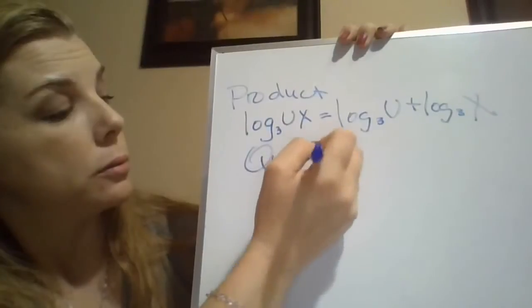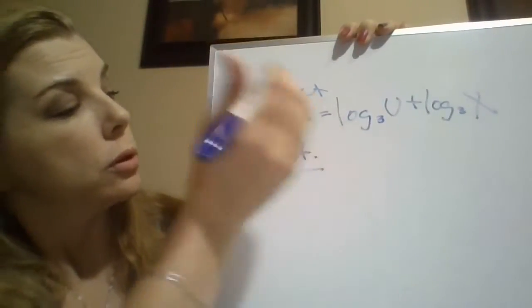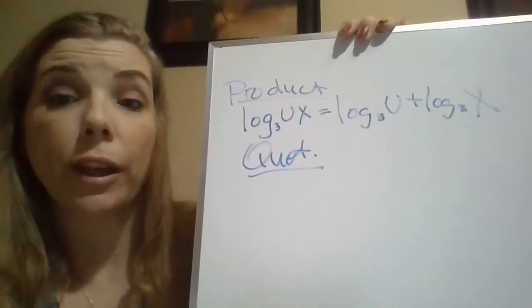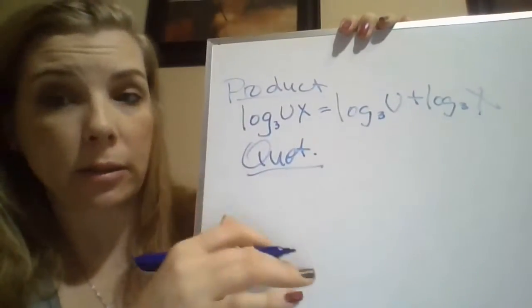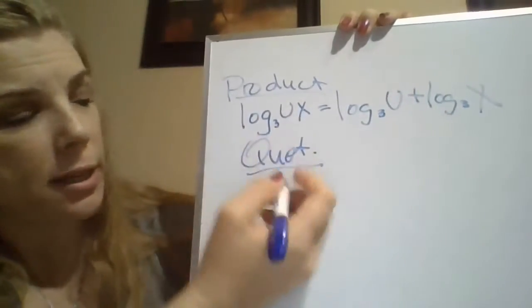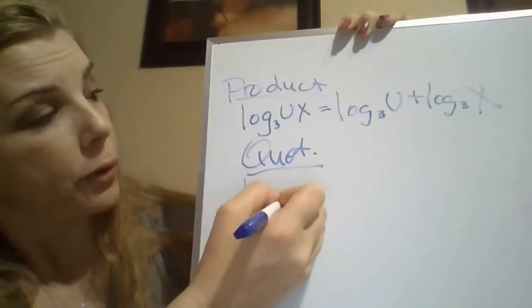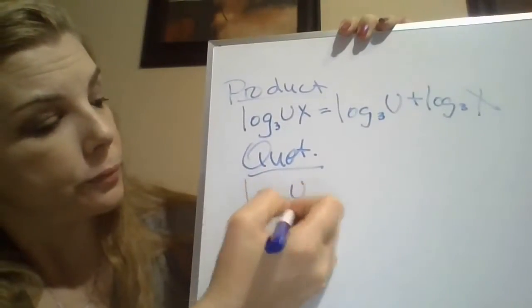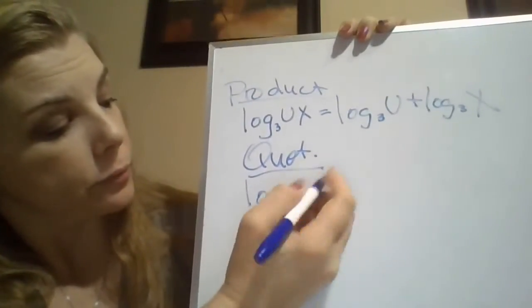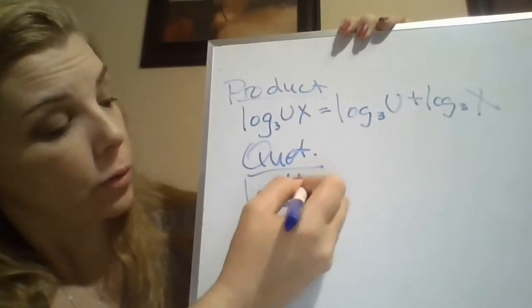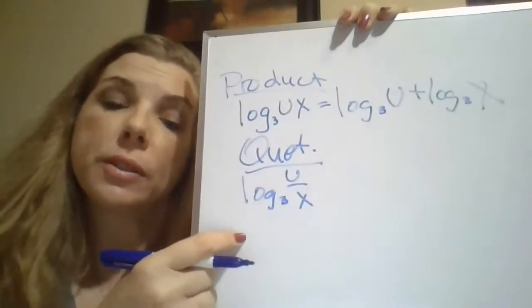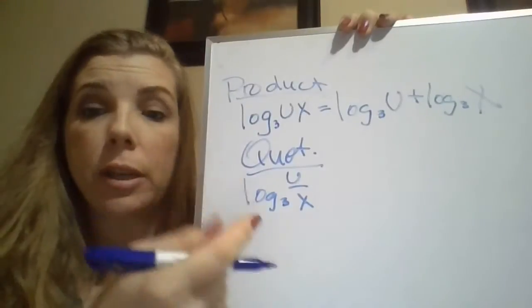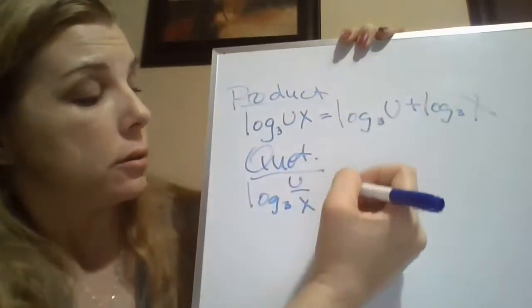Quotient property. That's where it's going to look like a fraction. Quotient means the answer to a division problem, right? So let's take the same kind of example. Log 3 of u over x. If you see a division, it's automatically quotient, and you need to do the subtraction.